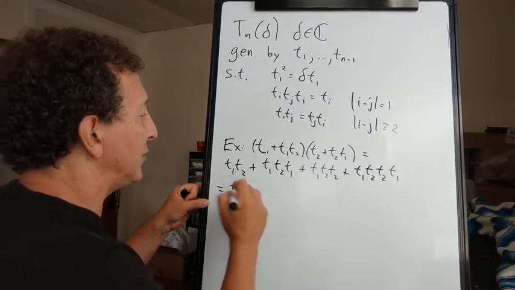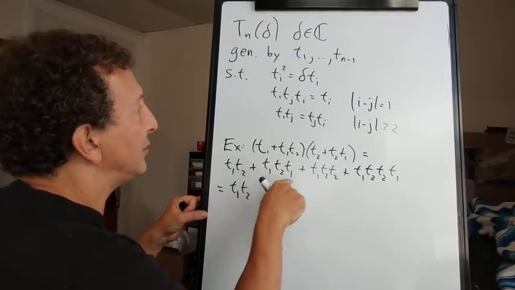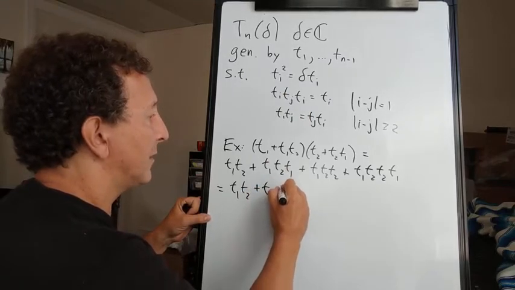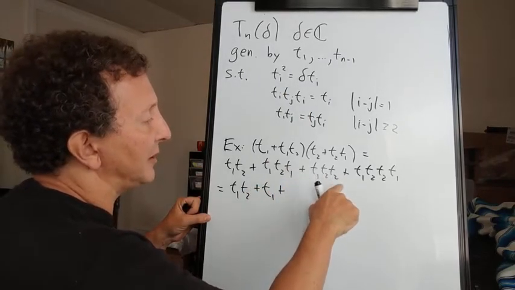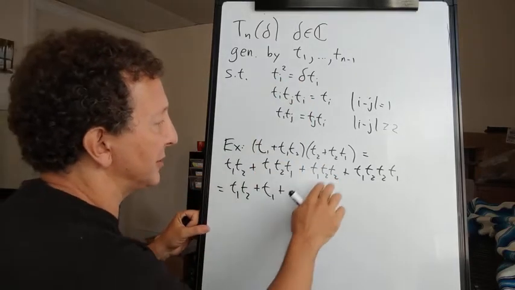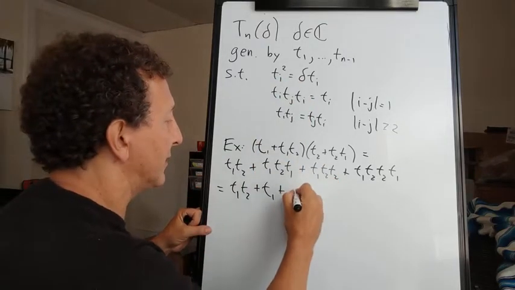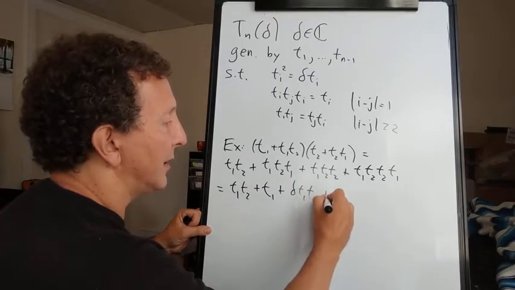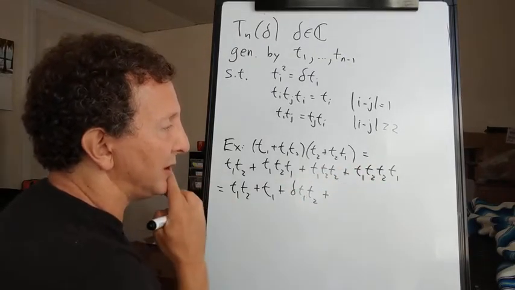Well, t1 t2 doesn't simplify. t1 t2 t1 is just t1. t1 t2 t2, we don't need two t2s in a row because of that first relation. This is going to be delta t1 t2, and then here again we don't need two t2s in a row.